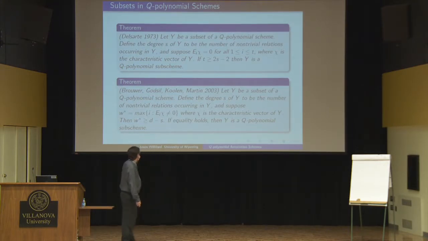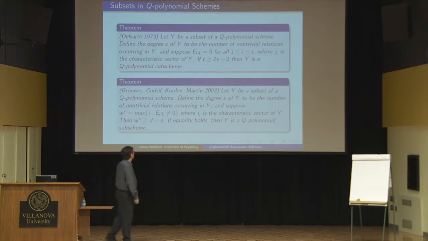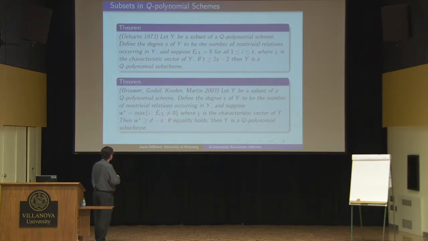One here is by Brouwer, Godsil, Koolen, and Martin, and it has to do with the so-called dual width of a scheme. It's almost the opposite. Instead of wanting the first t idempotents to vanish, what you want is the last collection of idempotents to vanish and have that interval be big. So I defined here the dual width, which is the largest i for which this doesn't vanish.